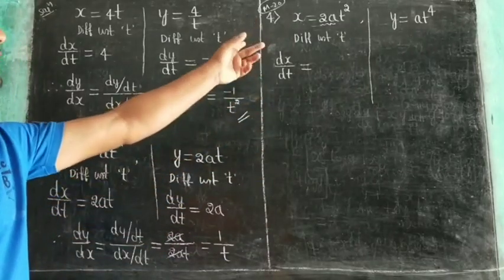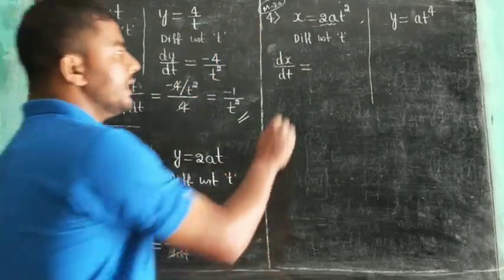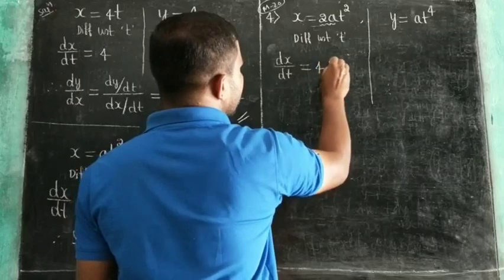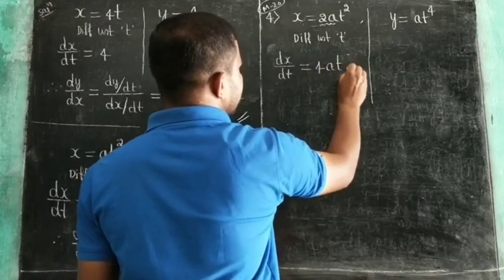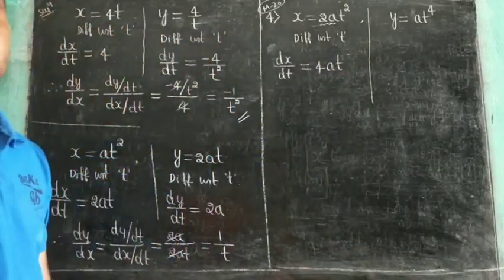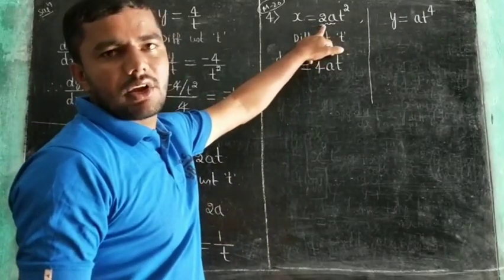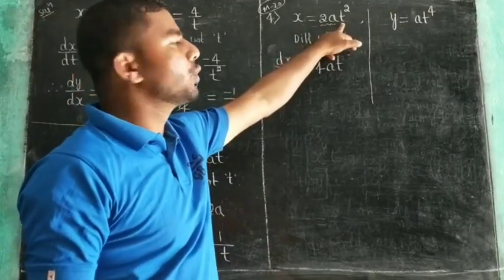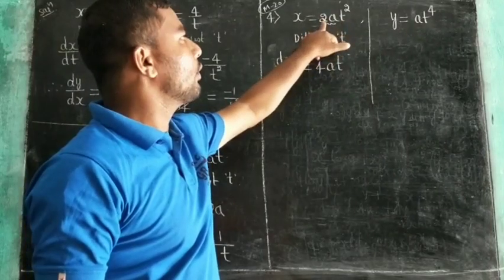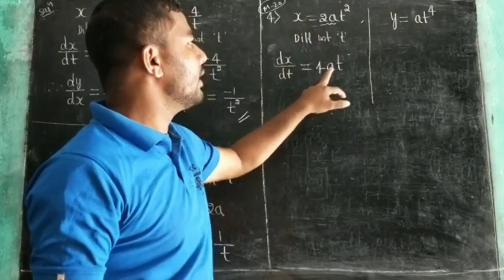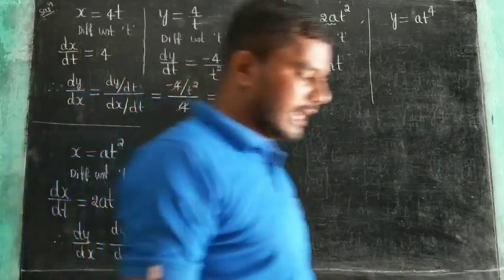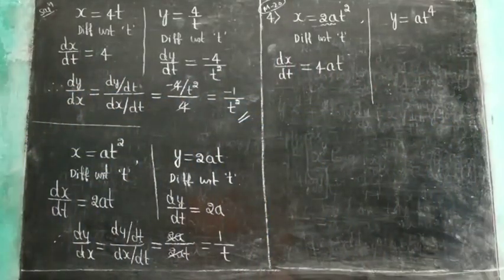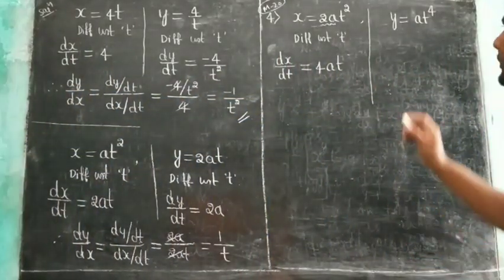So multiply 2 into 2. 2 into 2 is 4, a is constant, 4at is the answer. Here 2a is a constant, the derivative of t square is 2t, 2 into 2, 4at is the derivative.